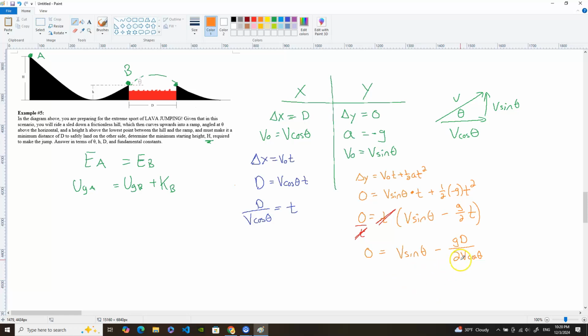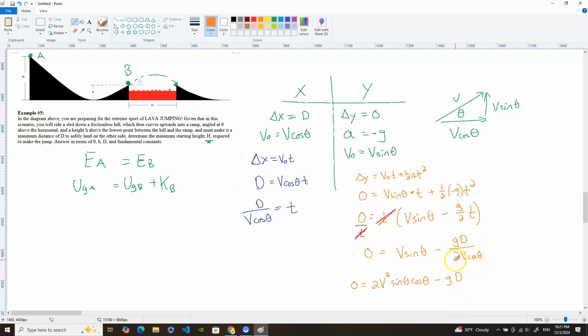So let's see. If I want to get rid of the denominator, I can do 0 is 2v squared sine theta cosine theta minus g times d.